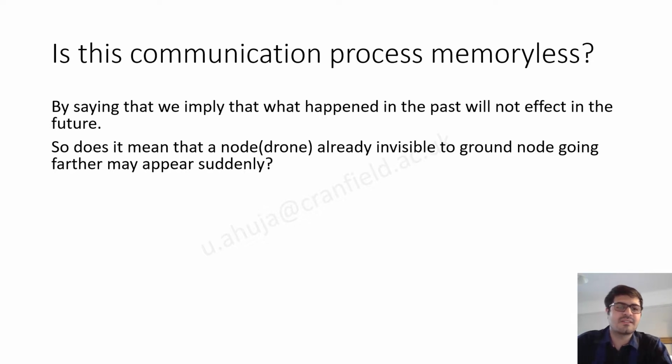Suppose we have a complete swarm system where one drone is invisible to the ground station, and the ground station wants to send some data to that invisible node. The condition is that it is going farther away from the ground station. So what is the probability that it will appear again to the ground station? Well, actually, no, it will not happen.